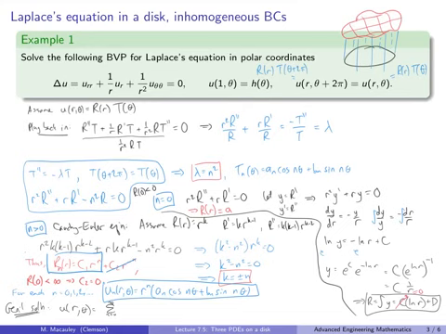Yeah, we just put a sum in front. So it's r to the n times an cosine of n theta plus bn sine of n theta. So this describes every possible solution to Laplace's equation when we haven't specified the boundary. So it looks like this.